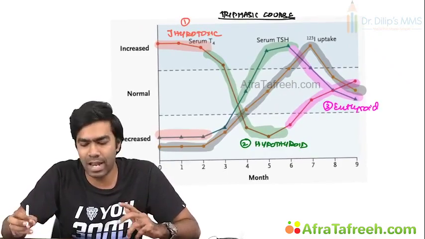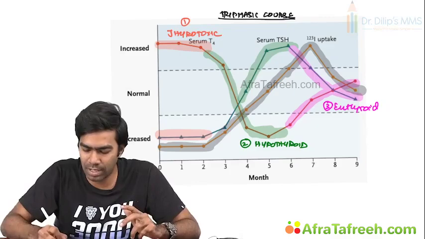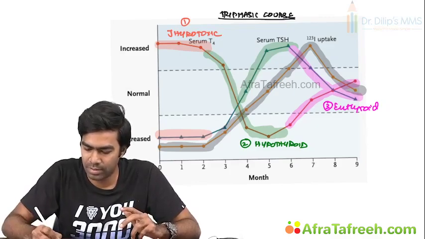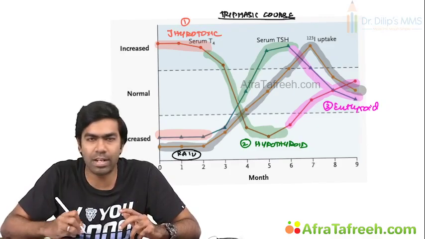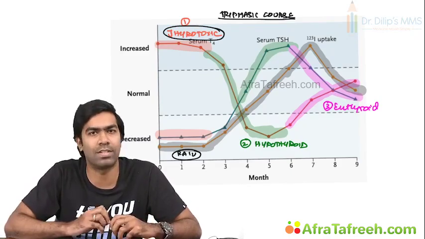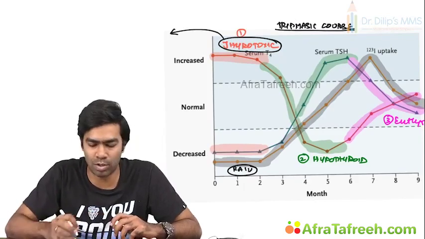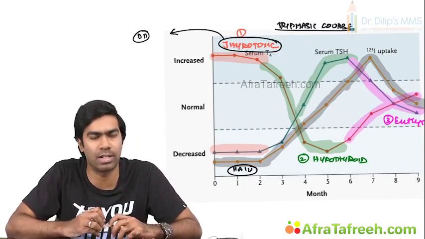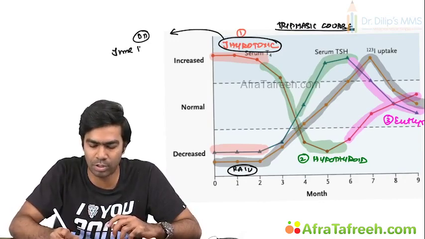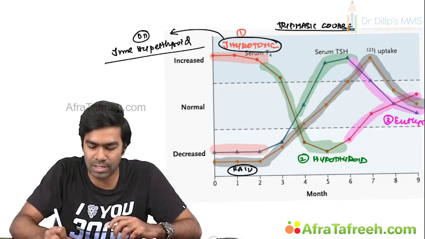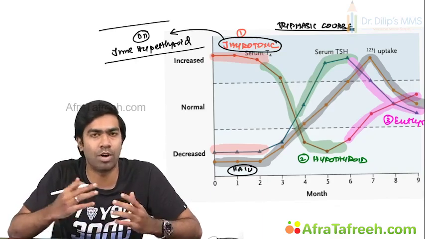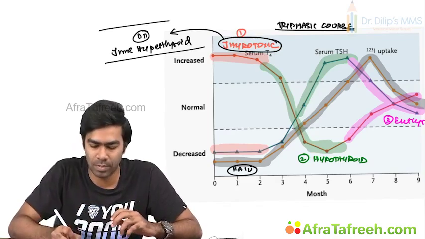So this is where the radioactive iodine uptake is very important. Remember, the radioactive iodine uptake is very, very important as far as the thyrotoxic phase is concerned, because whenever the patient presents with thyrotoxicosis, the most important differential diagnosis is a true hyperthyroidism, for example Graves' disease, where there is excess production of thyroid hormones in the thyroid gland.